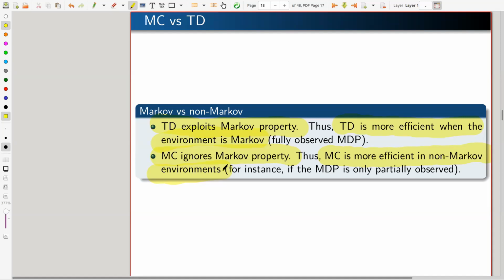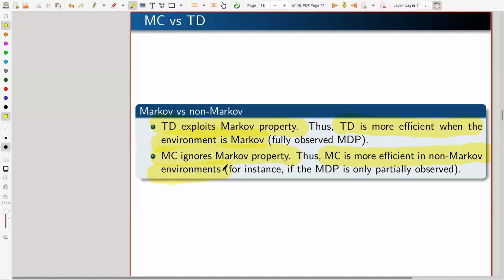Non-Markov happens much more often than you can think, because every time you have something that you cannot fully observe, you are putting yourself in a non-Markov state.